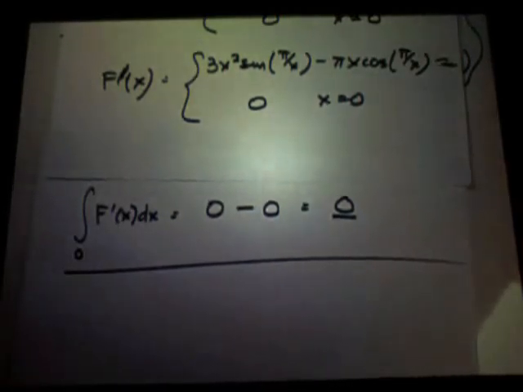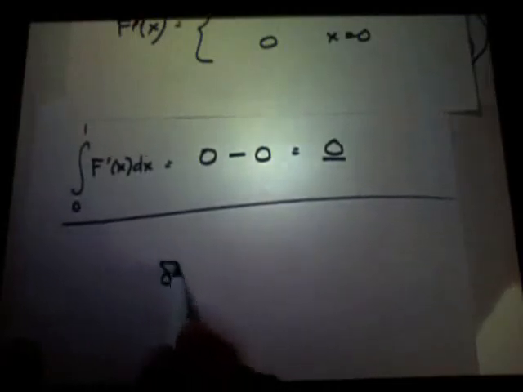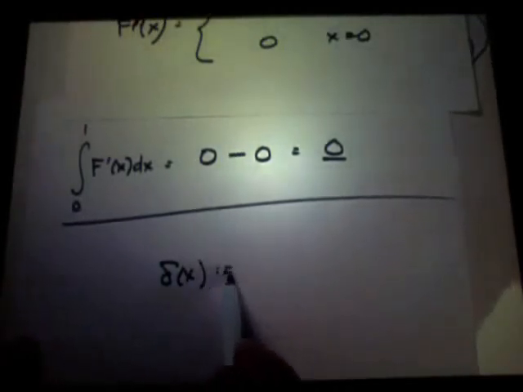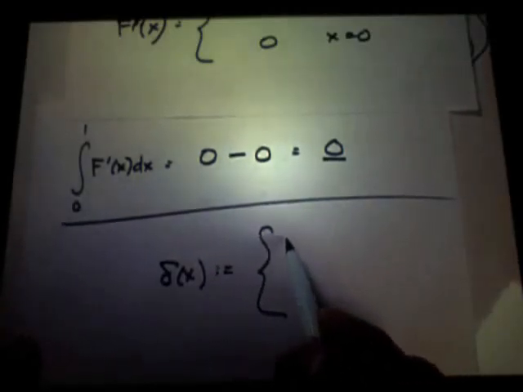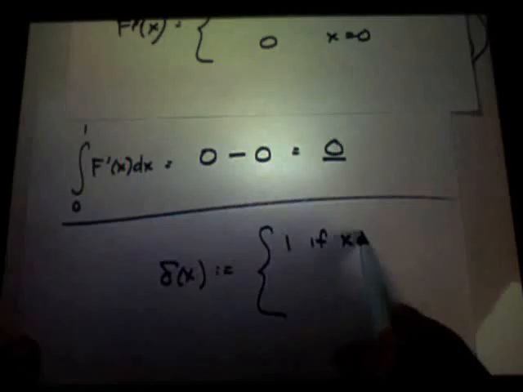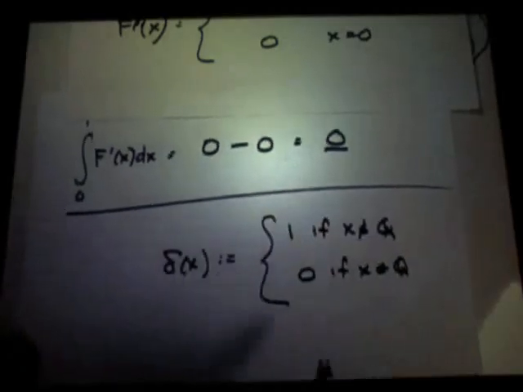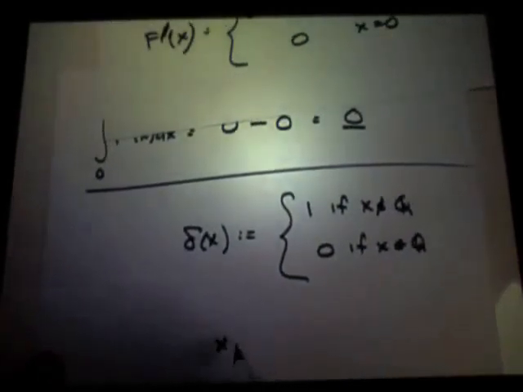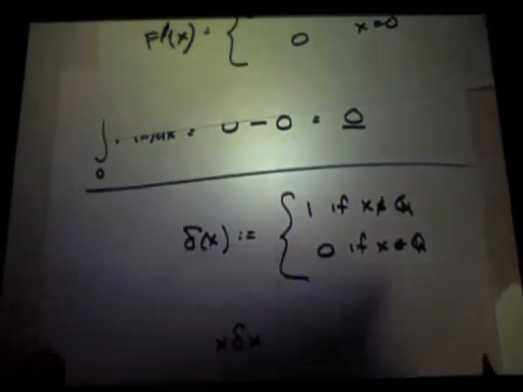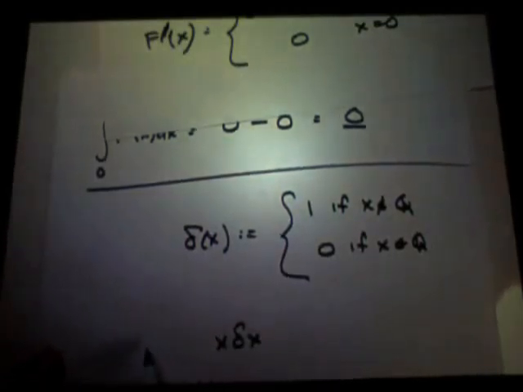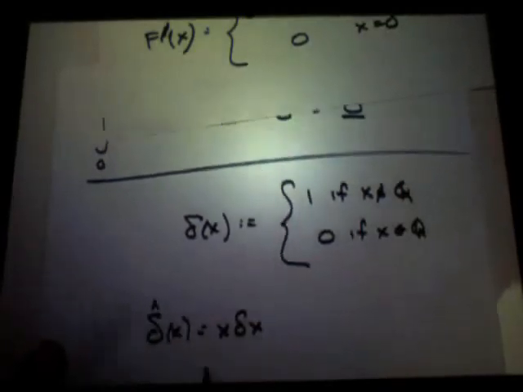How about the salt and pepper function? That has some other stuff built into it that's bad, but if you took the Dirichlet function, one if x is not rational, and 0 if x is rational, and multiply that by x, let's call this the modified Dirichlet function.